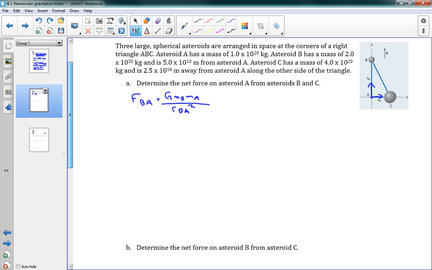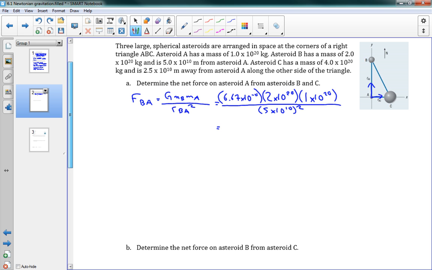So this is the distance from B to A. Okay, we plug in our numbers here, 6.67 times 10 to the negative 11 times the mass of B, which was 2 times 10 to the 20. The mass of A was 1 times 10 to the 20, all divided by our distance squared. And so B is 5 times 10 to the 10 away. We square that. And this gives us a number.